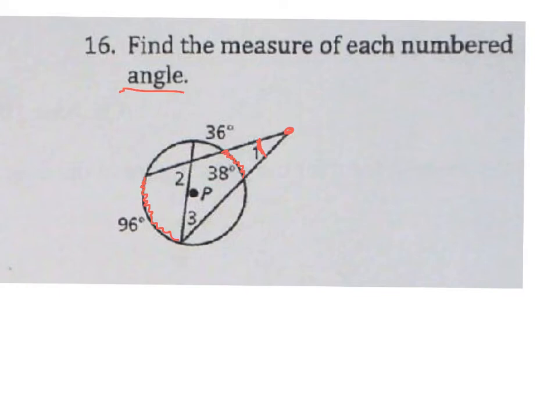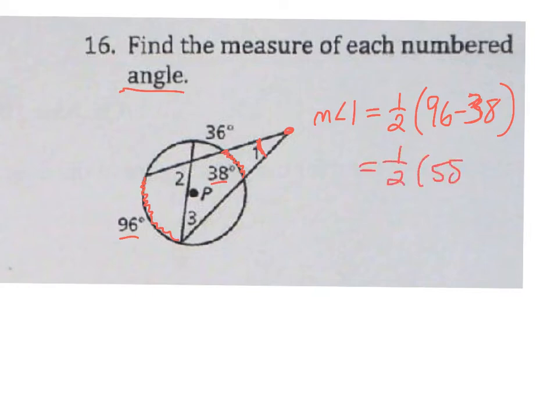So if you remember my theorem from the end of chapter 10, to find the measure of angle 1, I got to do half the difference of the outside arc minus the inside arc, 96 minus 38. So the measure of angle 1 is going to be half of 58, which tells me that the measure of angle 1 is 29.